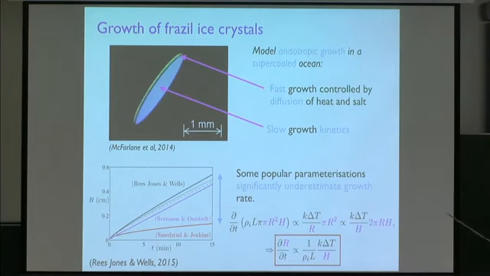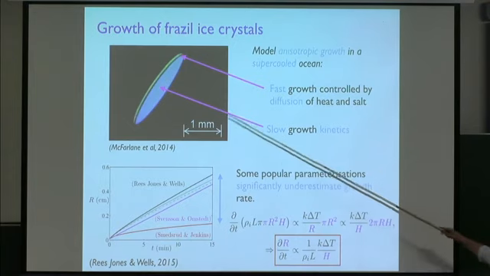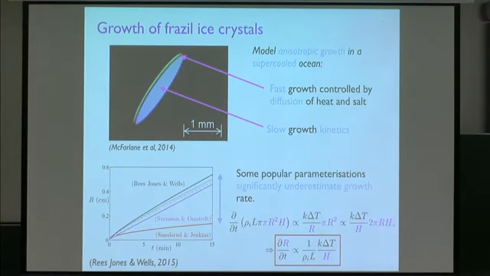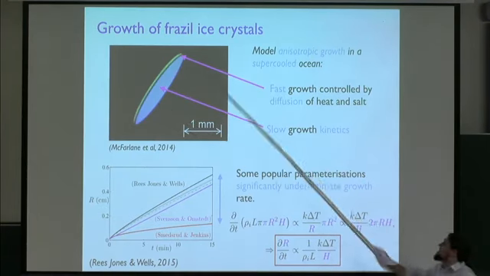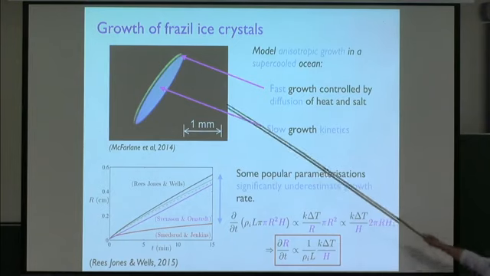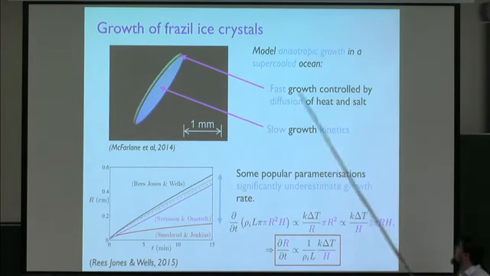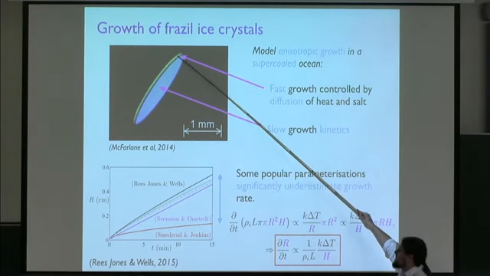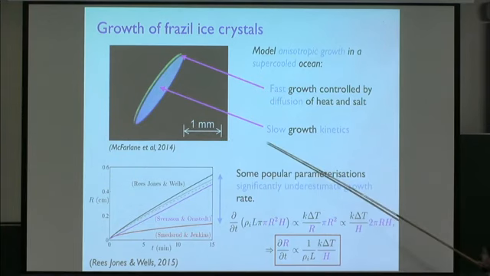So he put together a growth model that accounts for the fact that these crystals are anisotropic. The basic idea is that around the edges of the crystal, you have molecularly rough boundaries and you get relatively fast growth controlled by diffusion, and the supply and removal of latent heat and salt around the edge of the crystal.